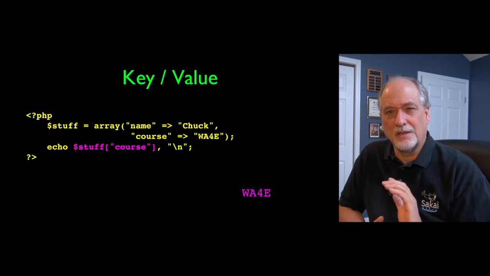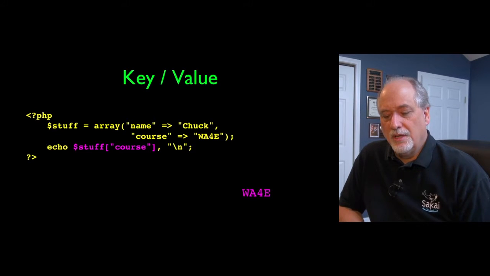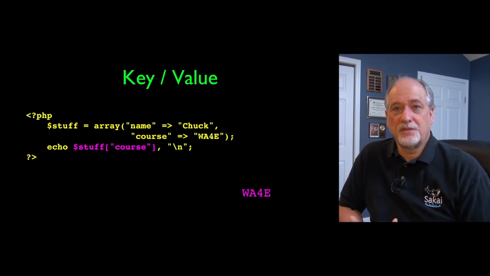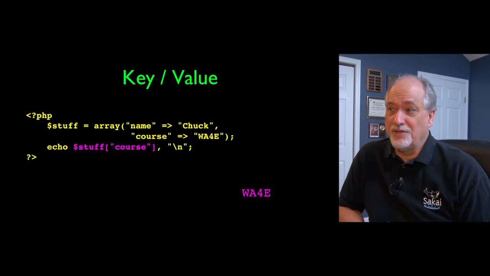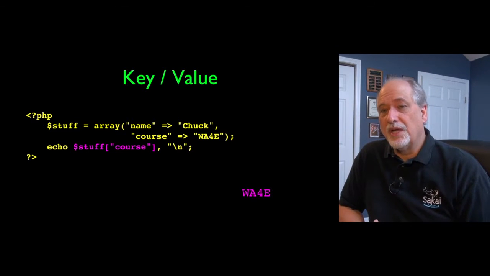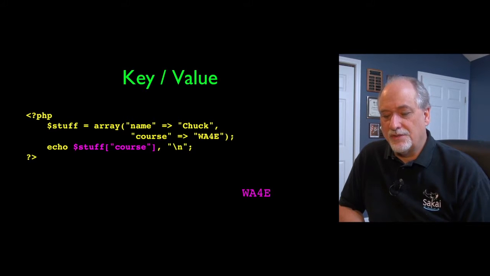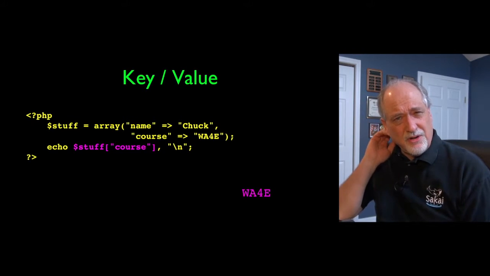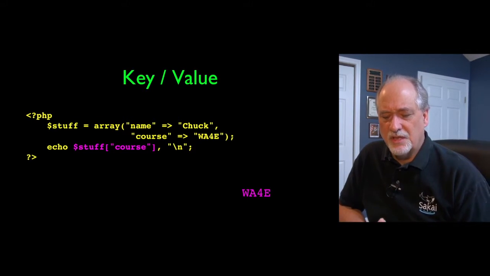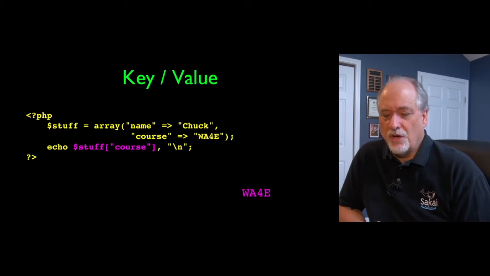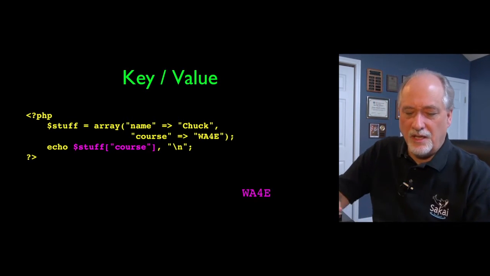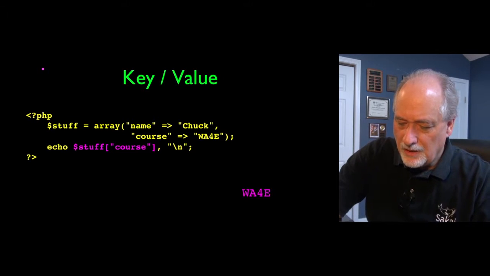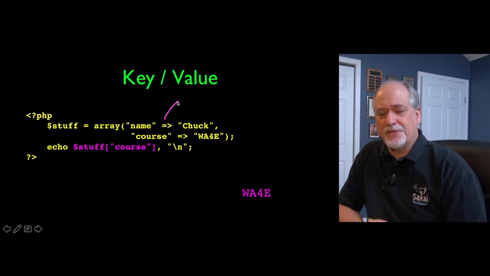We'll get to classes and objects later, but key-value arrays are just key-value arrays, and you can actually have integer keys inside of an array and string keys and other kinds of keys in arrays all at the same time. We tend not to do that very often because it confuses us, and we don't want to be confused. In this case, the little arrow, I call that "maps to."